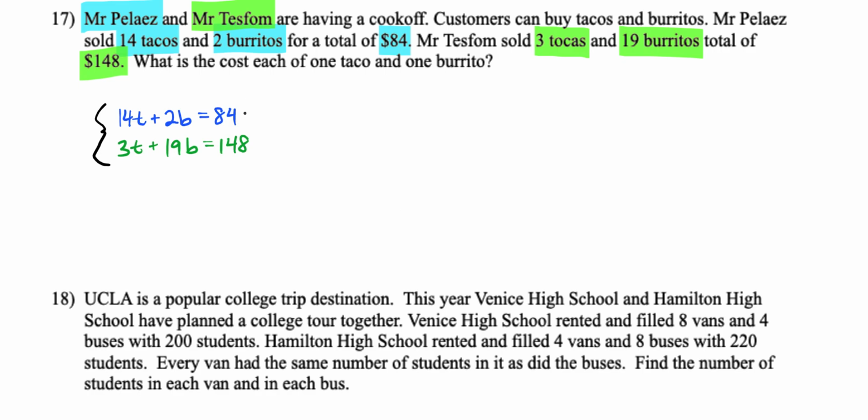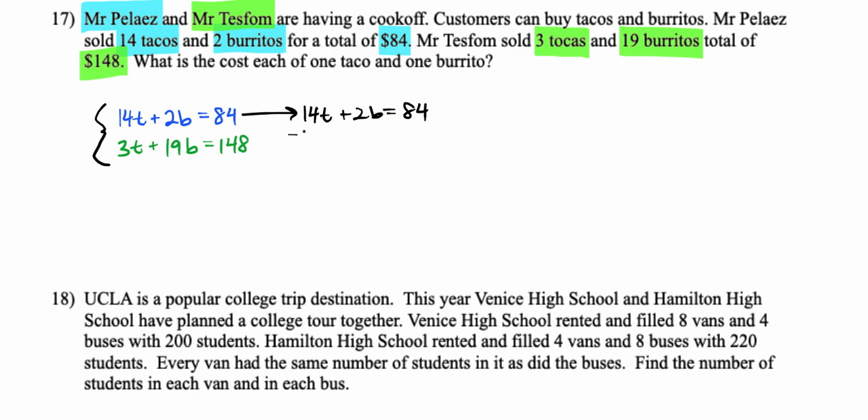So I'm going to change this top equation to get my b by itself. The reason I want to isolate b is because the number attached to it is the smallest number out of all of them. That's just a general rule of thumb. I like working with small numbers, so that's the one I'm going to target.